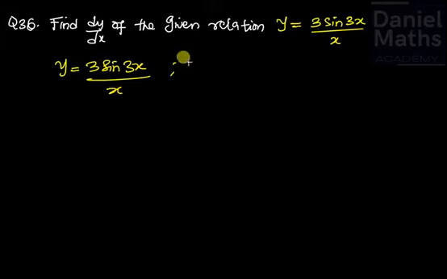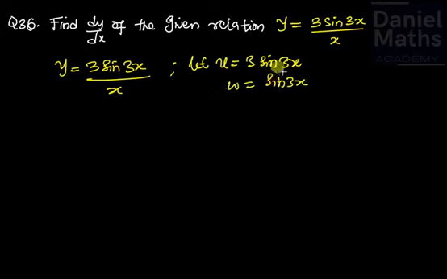So I'm going to assume that let u is equal to 3 sine 3x. Now from here I'm also going to say, let me call this w, so w is equal to sine 3x.